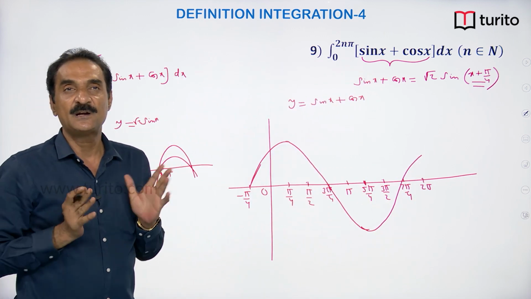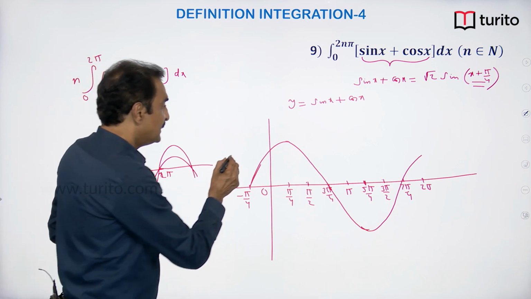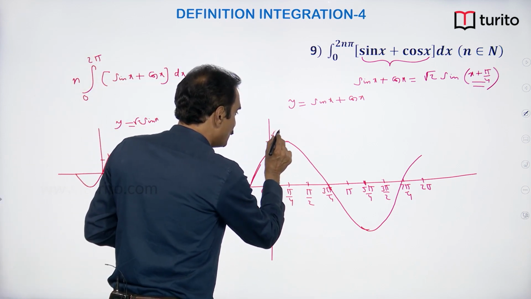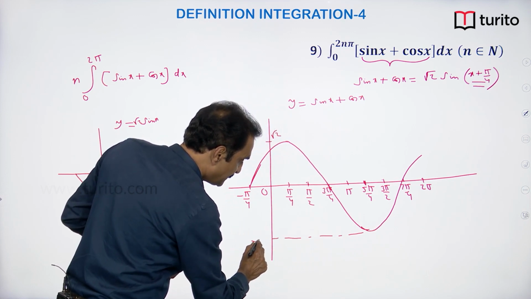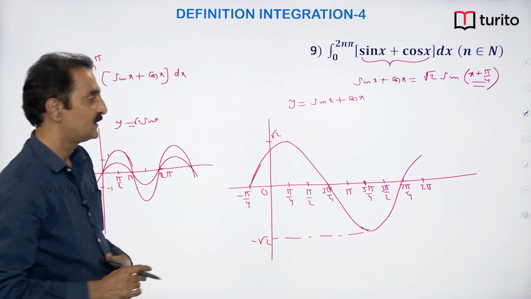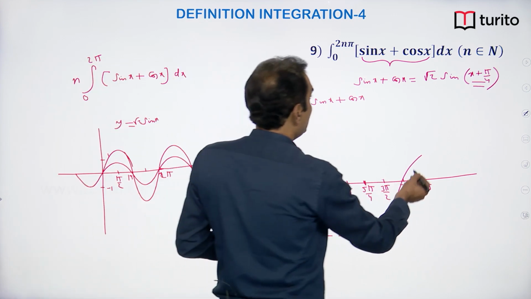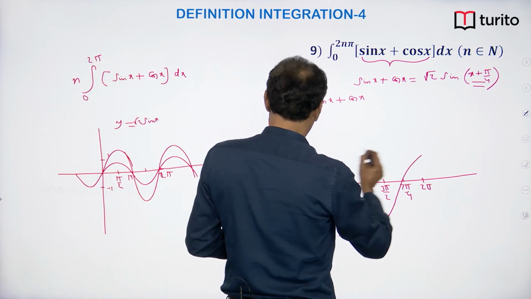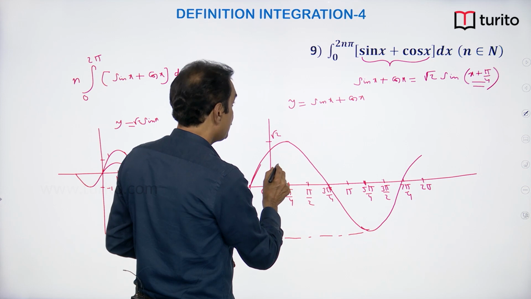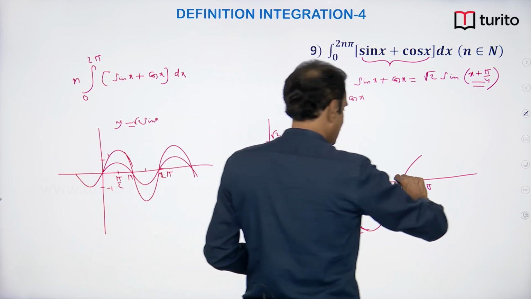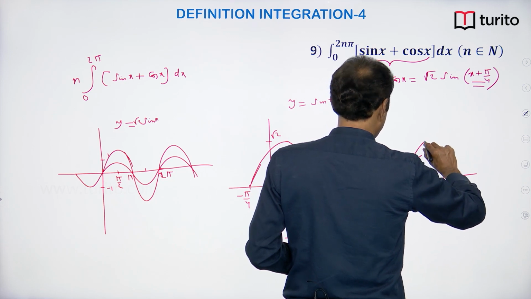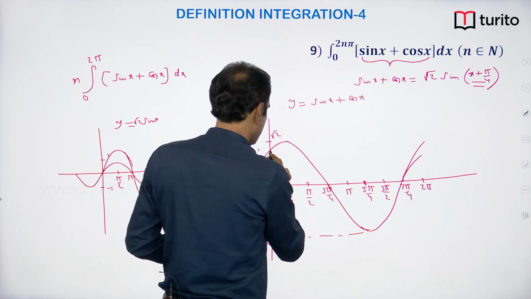So this is the complete graph of sin x plus cos x. What is the maximum value? Root 2. Minimum value is minus root 2, and at 2 pi it is 1. Cos 0 at 2 pi it is 1, so it will become like this. This is 1.